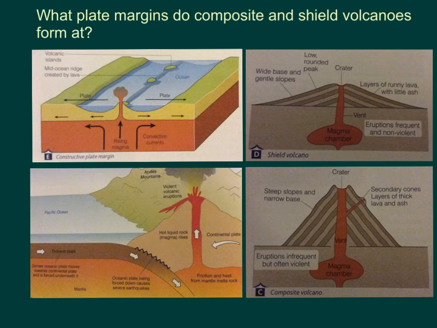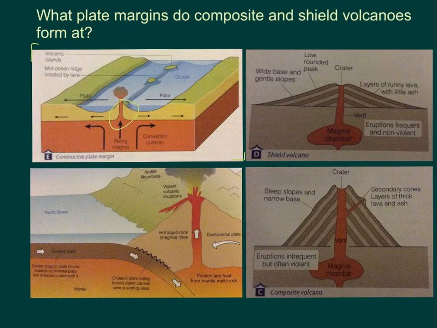The last thing to look at is what plate margins composite and shield volcanoes form at. I've already mentioned previously in the video that a composite volcano is associated with a destructive plate margin, and a shield volcano is associated with a constructive plate margin. So here we have got our diagram of a constructive plate margin where 2 plates are moving apart, and as they move apart there is a gap that forms between the 2 plates.